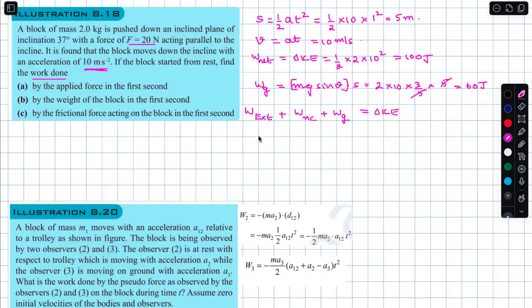So the external force does a work of 20 into 5, because the force is acting in that direction. The work done by the non-conservative force is unknown. The work done by gravitational force is 60 joules, and the change in kinetic energy is 100 joules. Here the work done by gravity is positive. Cancel these two, so the work done by the non-conservative force is minus 60 joules. So I have applied the work energy theorem in this case.